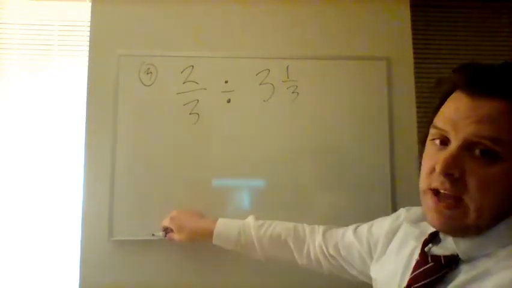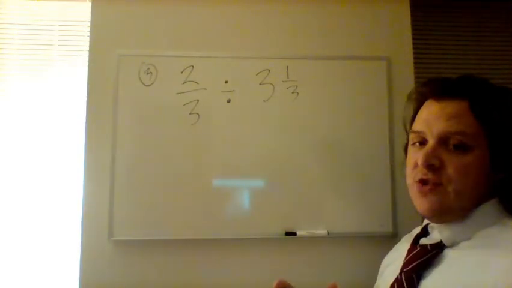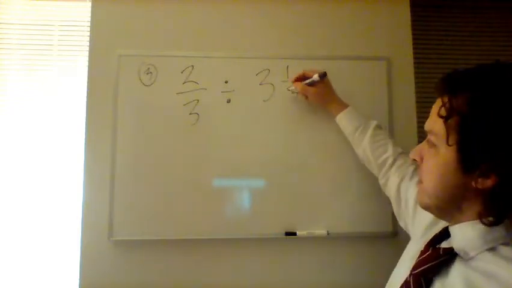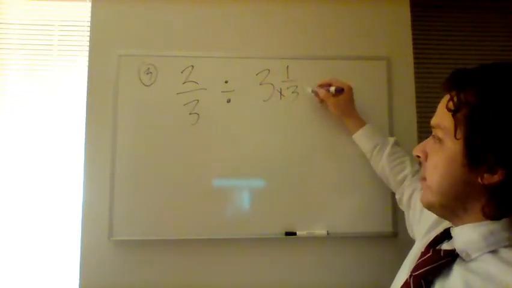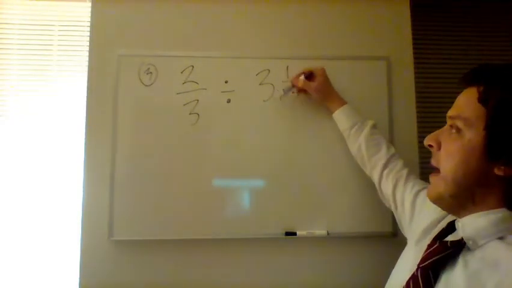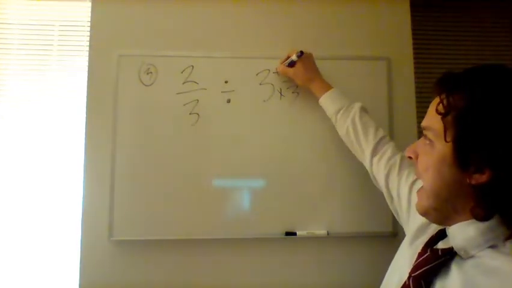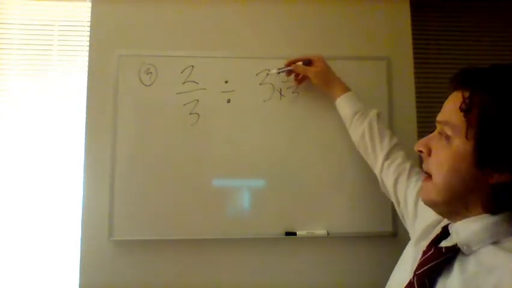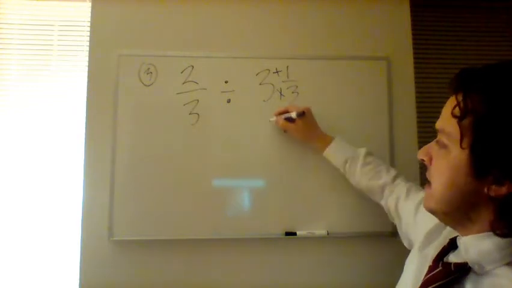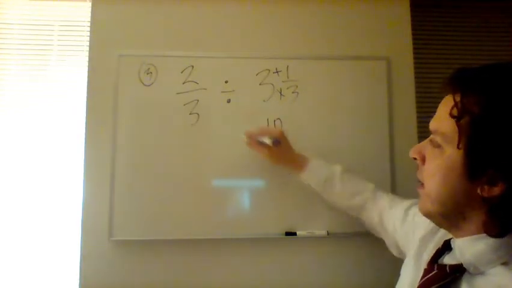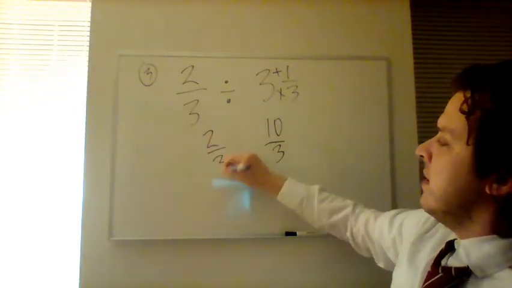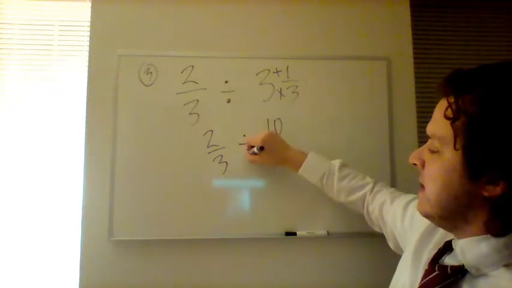The first thing I'm going to do is change this into an improper fraction. I will multiply the denominator by the whole number: 3 times 3 is 9. We will then add the numerator: 9 plus 1 is 10. This is 10 over 3. So I have 2/3 divided by 10 over 3.